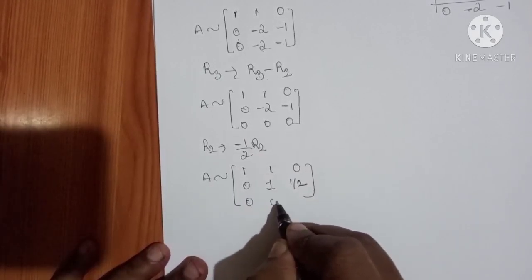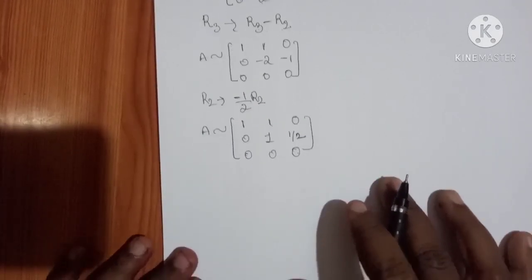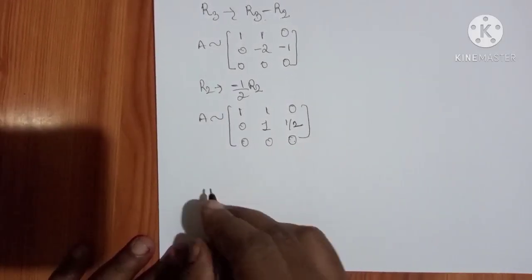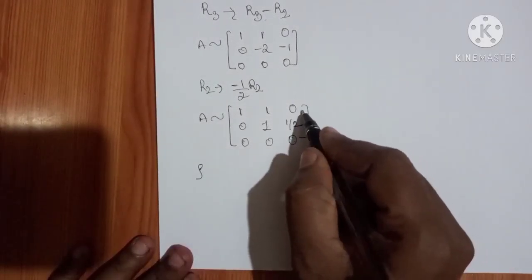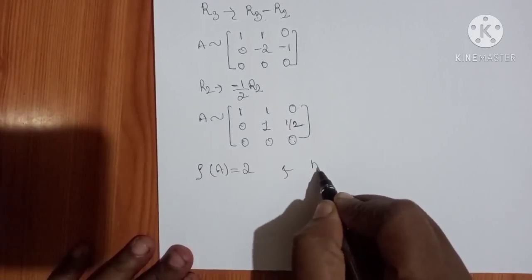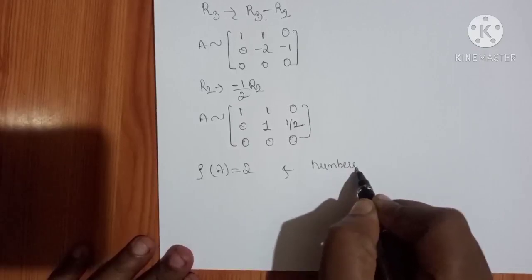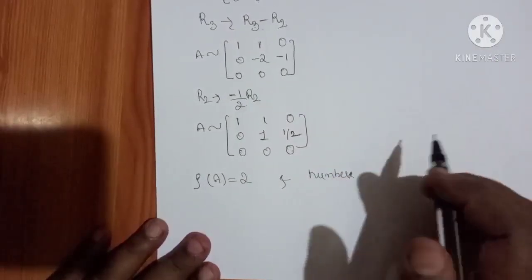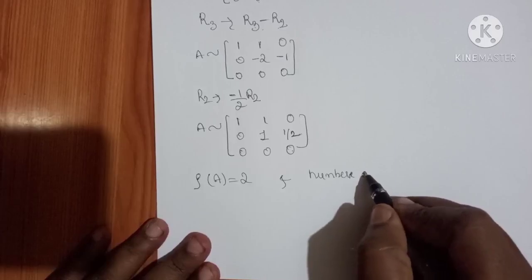0 0 0. Now here rank of A equals to 2, and the number of unknowns, you can observe that x, y, z, total we have 3 unknowns.